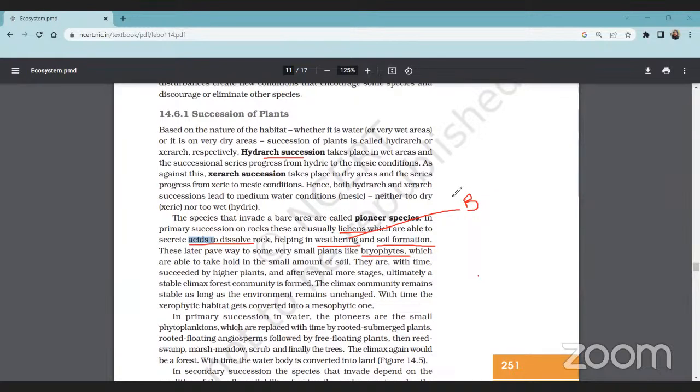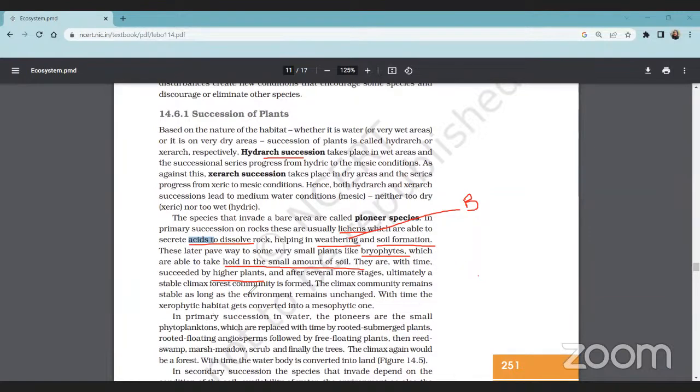After soil formation is done, bryophytes develop in that area, as they are able to take hold in a small amount of soil. With time they are succeeded by higher plants, which develop when they get more soil.